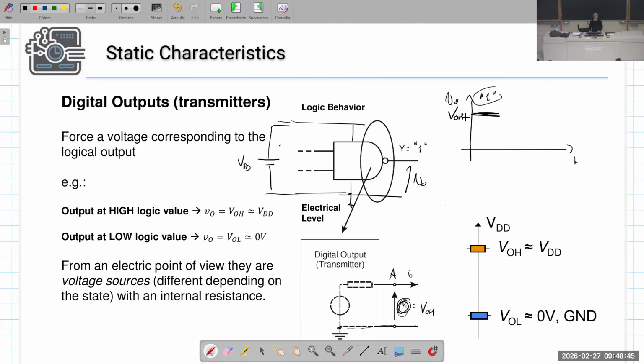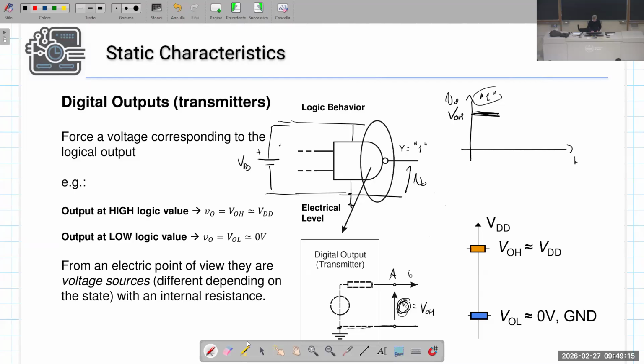If the logic level to be forced is high, this voltage is a certain value called VOH, the output for the high logic level. Most typically, this value corresponds to the supply voltage or is close to it. This is the case in particular of the CMOS logic that we will discuss in more detail in this course.